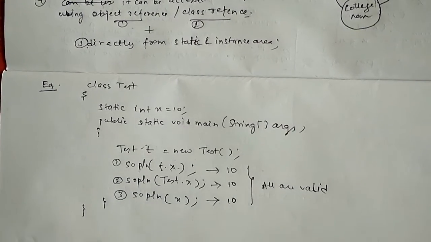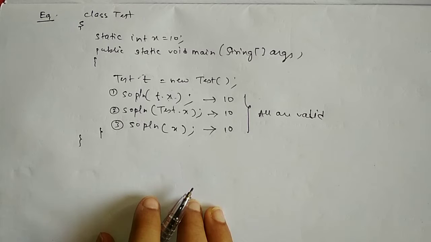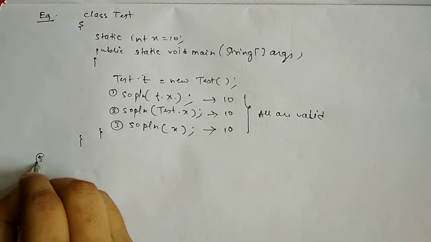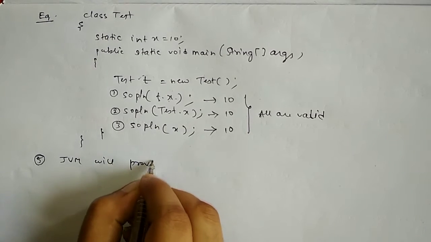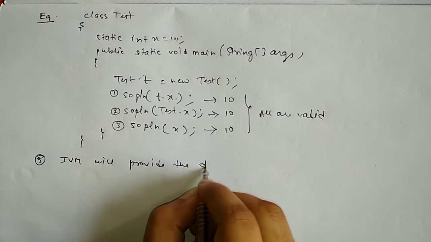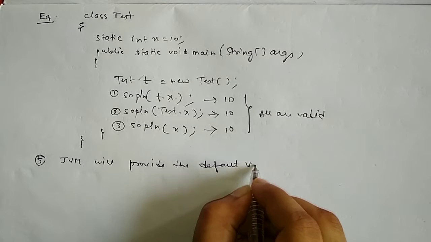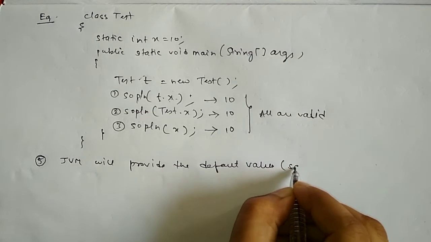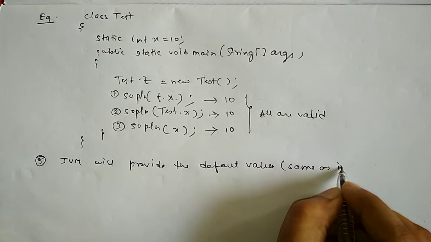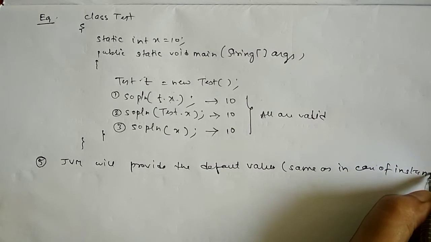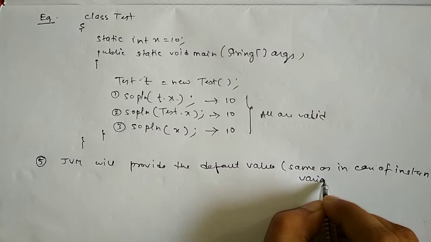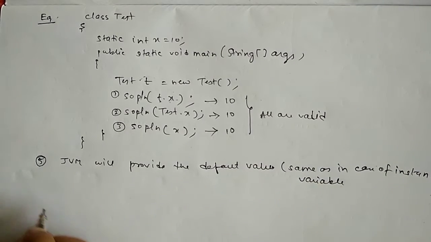And for static variables, the JVM will provide the default values, same as in the case of instance variables.